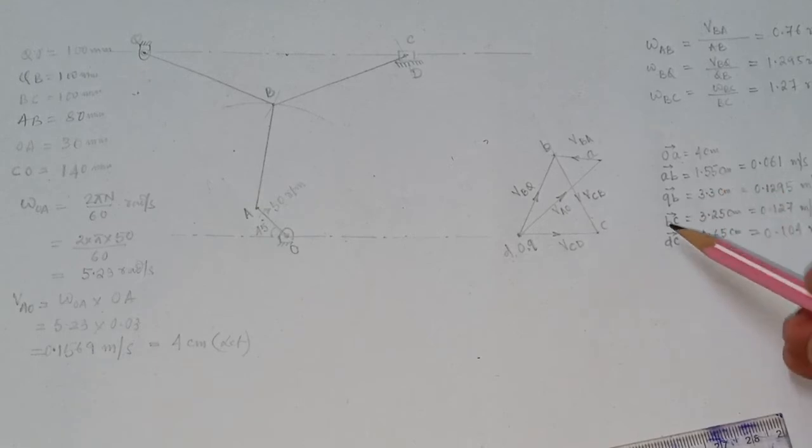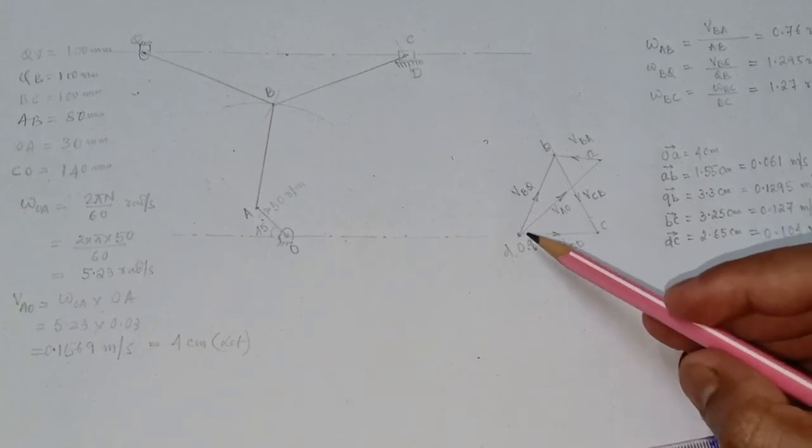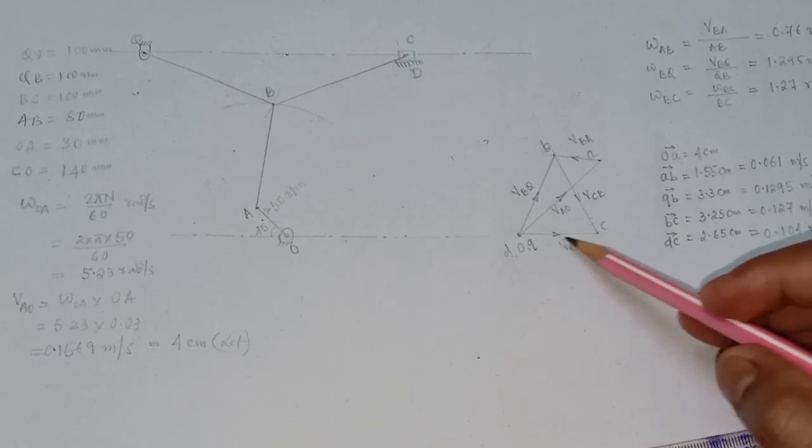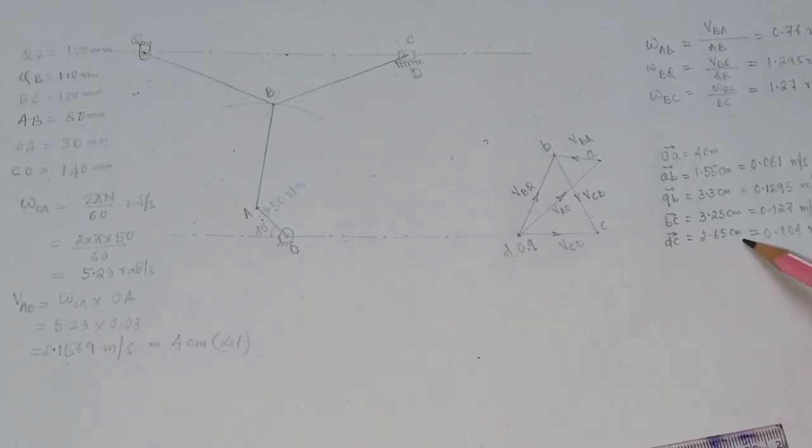Okay, now the last length measurement. After measuring from point D to point C, it comes to 2.65. It may be 2.66, 2.67, or 2.68, it might differ.